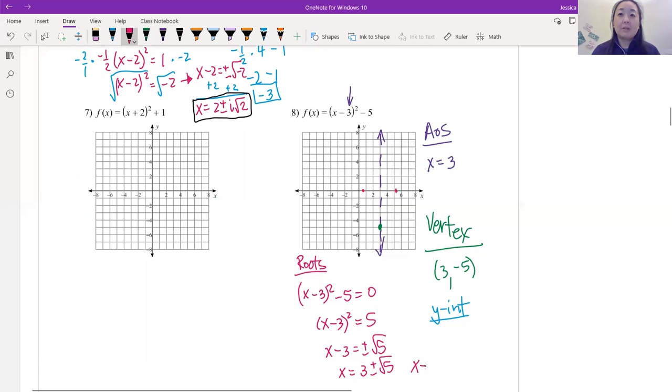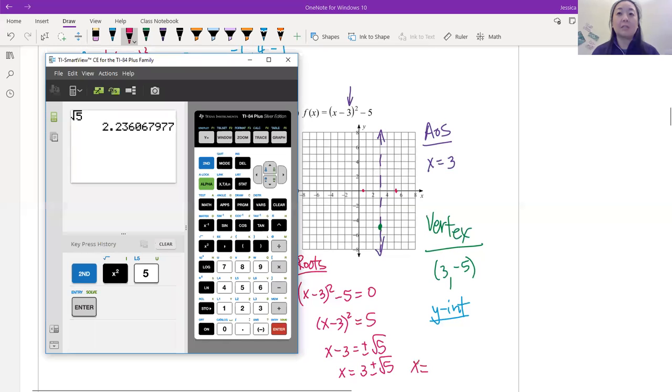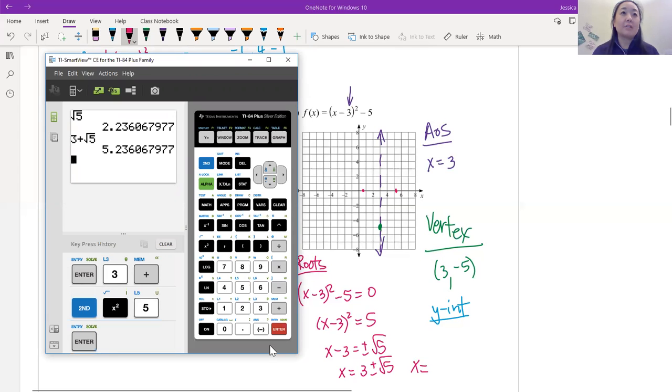So here we go. Oh, I can't do both at the same time, apparently. So we're going to go 3 plus square root of 5, enter. So 5.2 about. We don't need to get much more exact than that just because we're actually plotting a point and we're not going to be that exact where we need hundredths place. So 5.2, so notice right here, that is 5.2. See, told you, right? And then we're going to go 3 minus, oh, nope, just kidding.